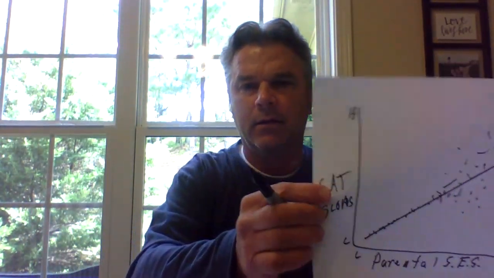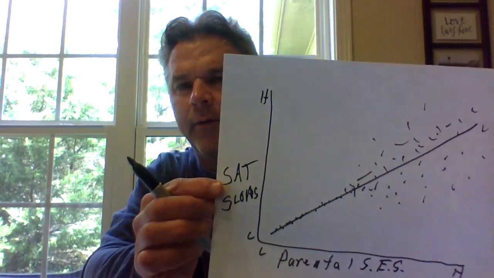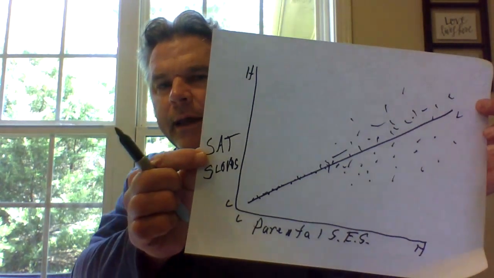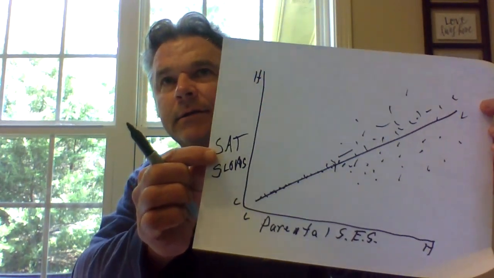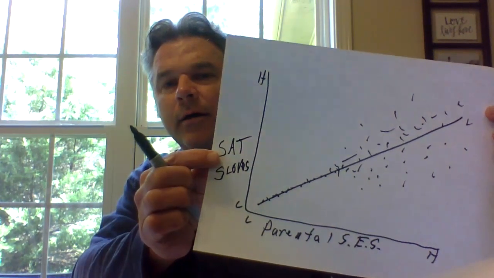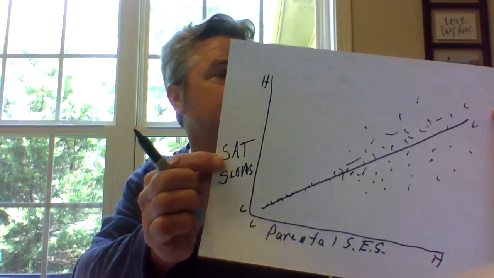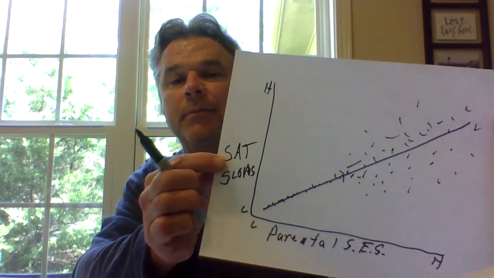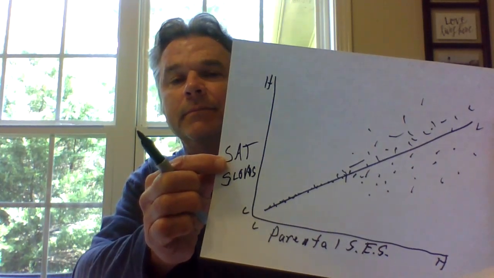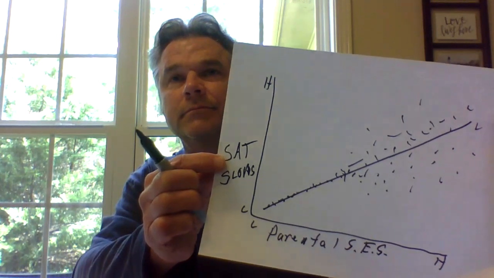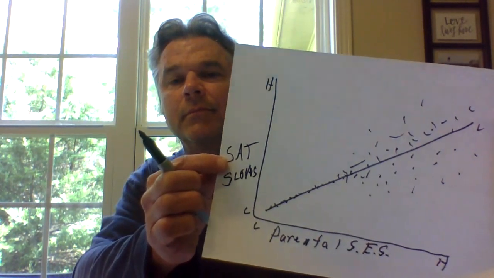Okay. Now take a look at that. What do you see? Just tell me in your own words what you see there. Well, early on, all the observations are really close to the regression line, and then later they're really far from it. Exactly.